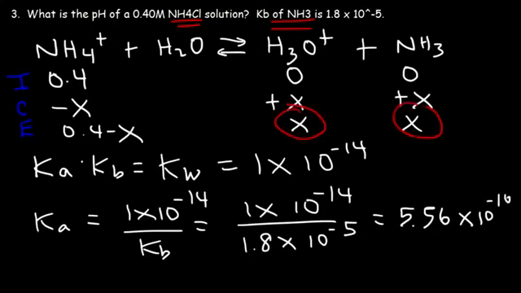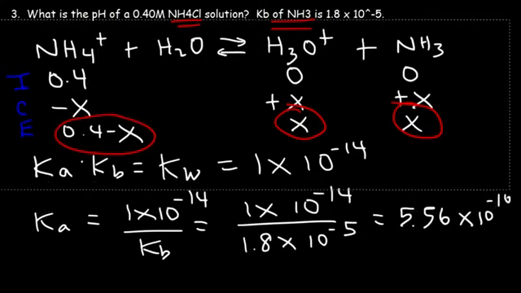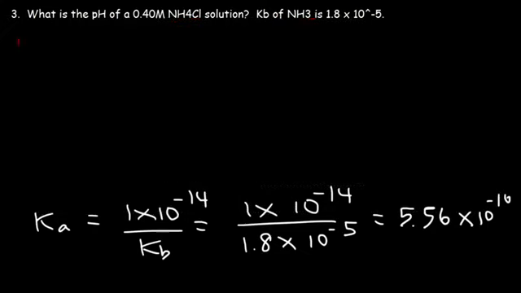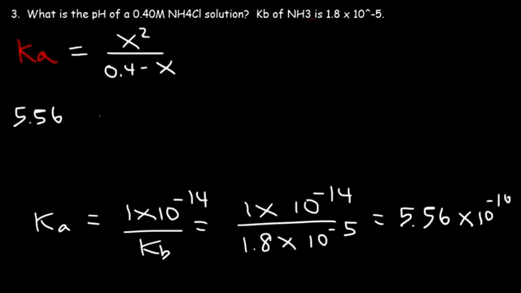So we know it's going to be x squared divided by 0.4 minus x. Now Ka is very, very small. So therefore, we can neglect this x value. It's going to be insignificant.